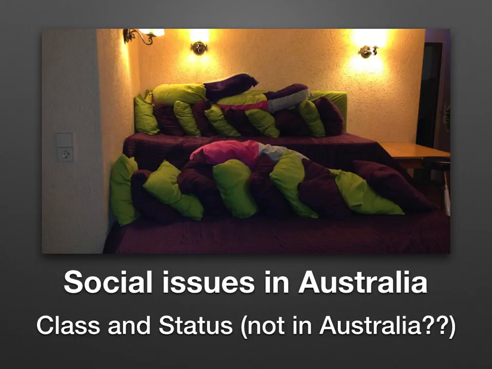Do we have class? Probably most people would agree that there is an economic class structure in Australia. If you have a lot of wealth and assets, you seem to have a different position in Australian society. And so I'm not sure we have class the same as some other countries, but there's definitely a difference in status in Australia.